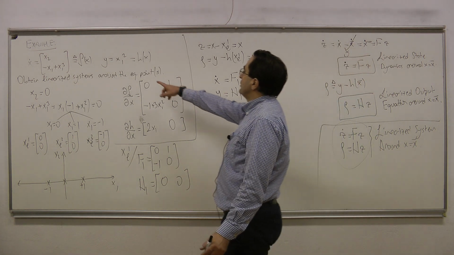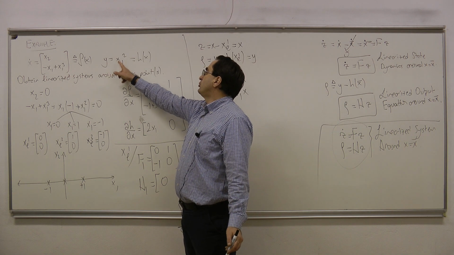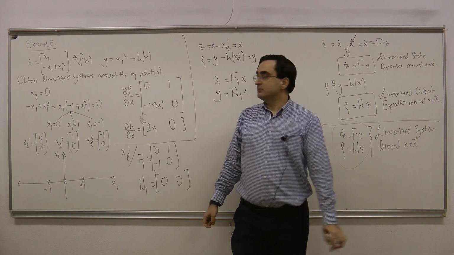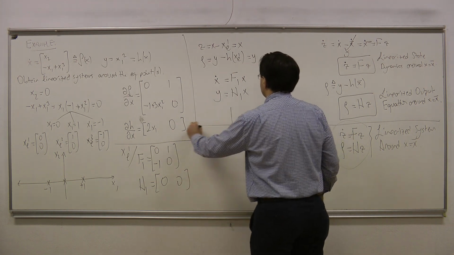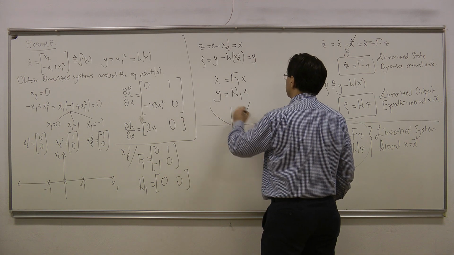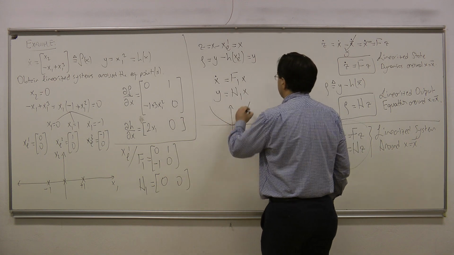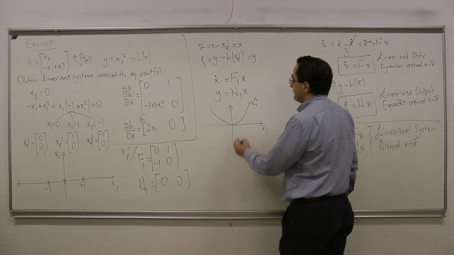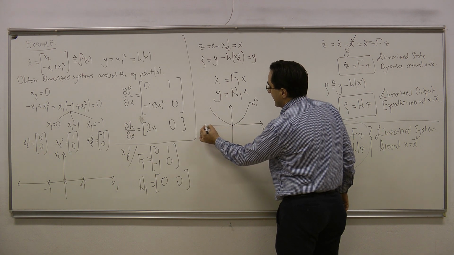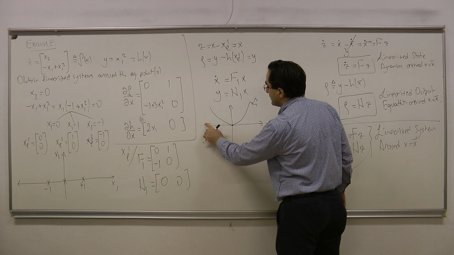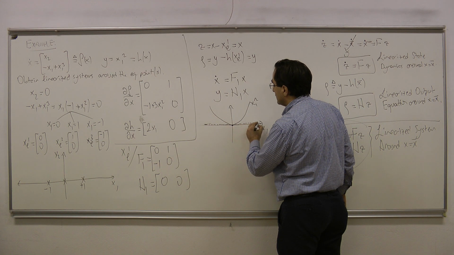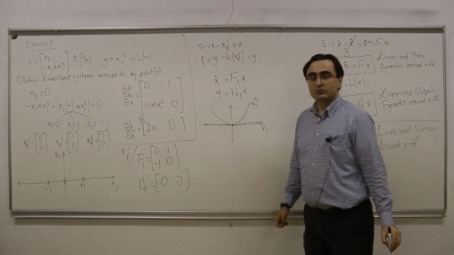If you want to approximate a parabola around the origin, like this, x1 and this is x1 square, if I want to approximate this parabola around the origin with a line, the best thing that I can do is just to draw a horizontal line here passing through the origin.